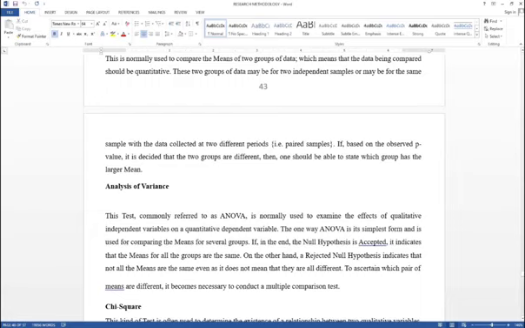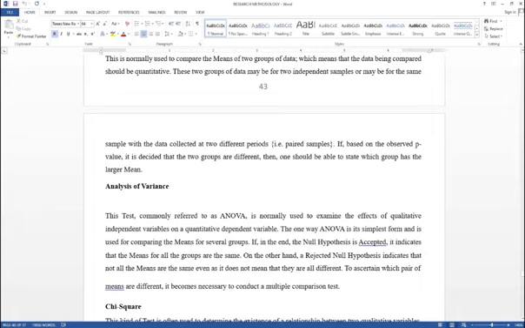So a rejected null hypothesis will simply indicate that all the means are not the same, even though it does not mean that they are all different. So when all the means are not the same, it doesn't mean that each and every one of them is different from the other. Some could still be the same and some different, but it's simply telling you that all of them are not the same, like it was when we had to accept the null hypothesis.